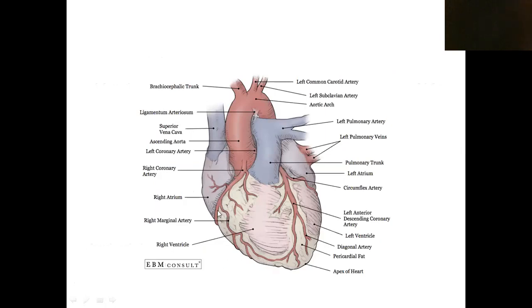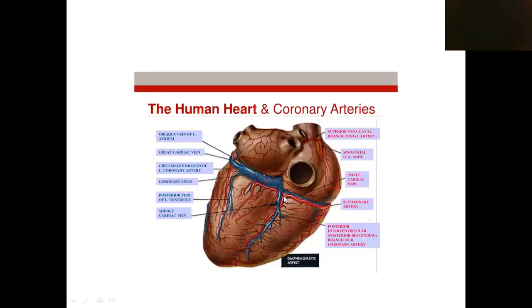Then before it terminates, after reaching this posterior interventricular sulcus, here it gives one branch. That is the posterior interventricular branch. So this is the main course, and from this main part it gives a branch which lies in the posterior interventricular sulcus.